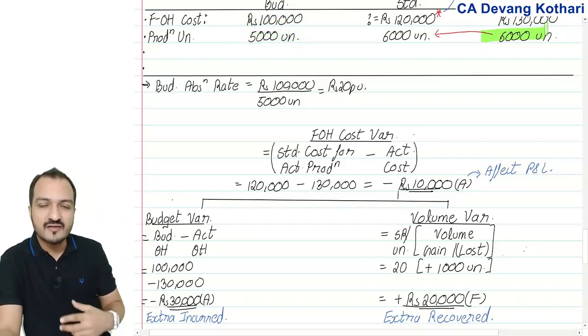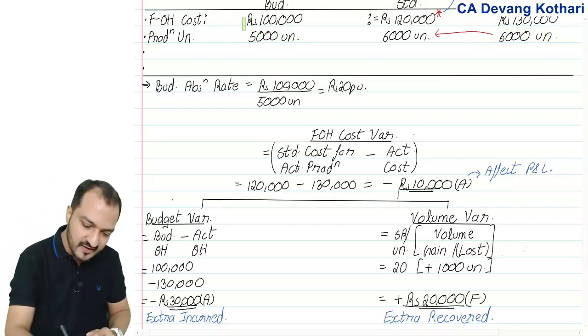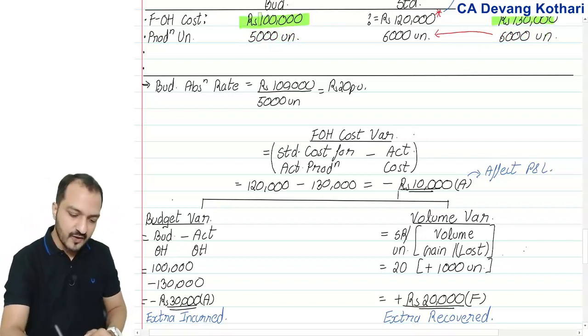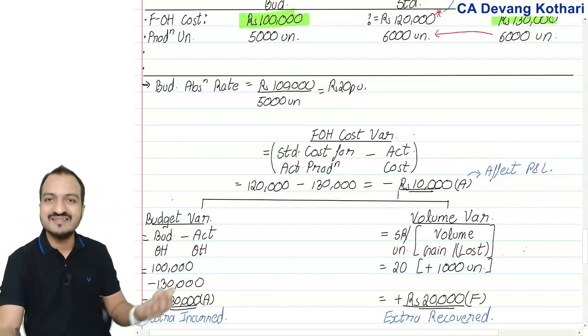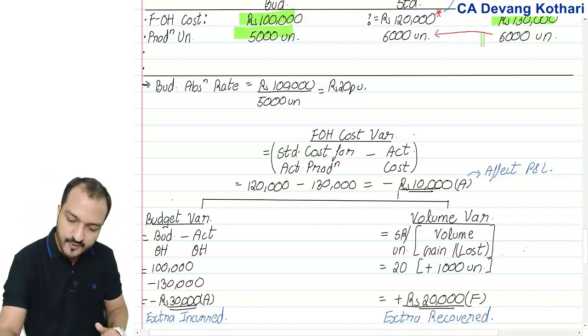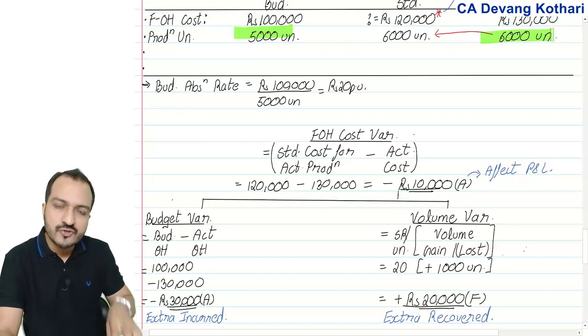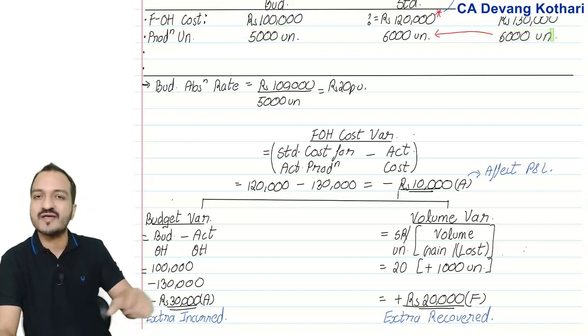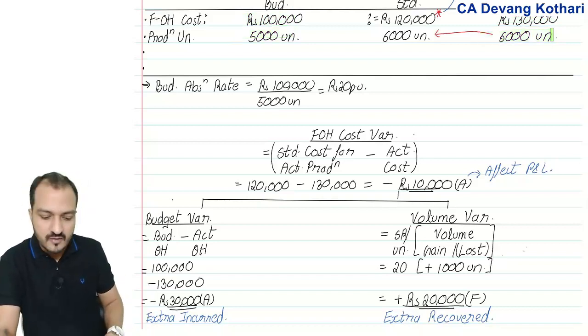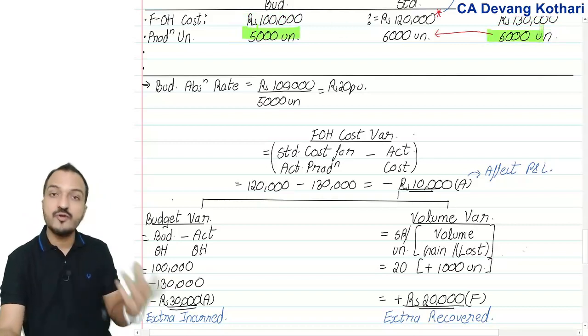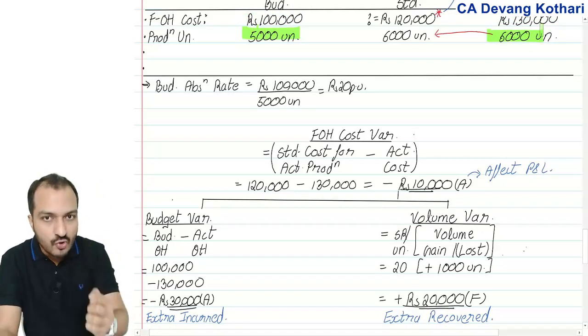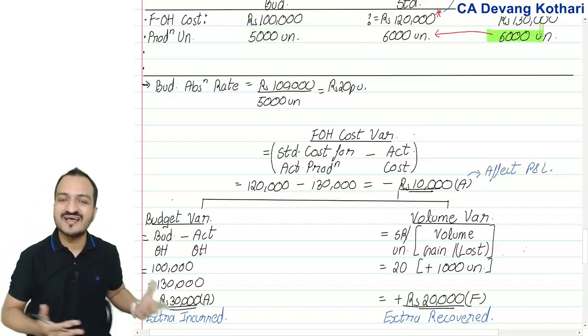Haven't I also produced extra units? But does producing extra units allow me to incur extra rent? No. Does it allow me to incur extra fixed cost? No. Then what is the benefit of producing extra units?